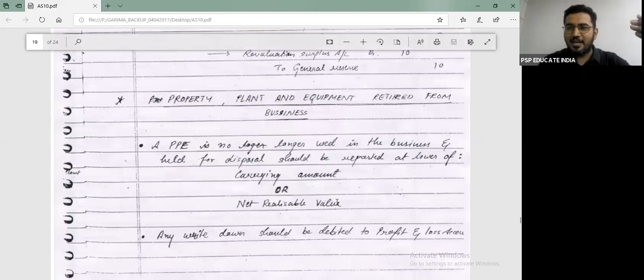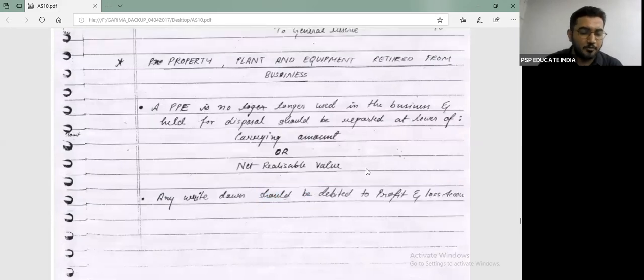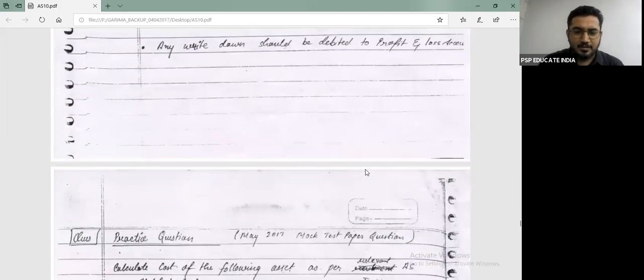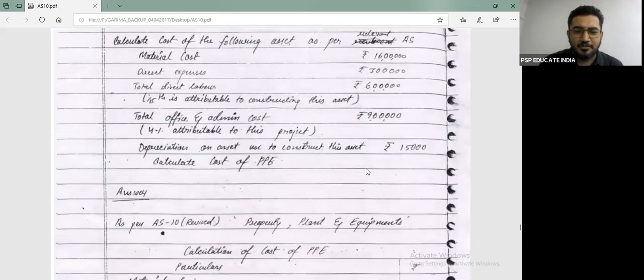Any write down should be debited to the profit and loss account. So whenever you write down from the carrying amount to the net realizable value, the difference will directly be debited to the profit and loss account. Are you getting it? Are you all clear with this? Quickly on the chat box, yes or no. Are you clear with this?